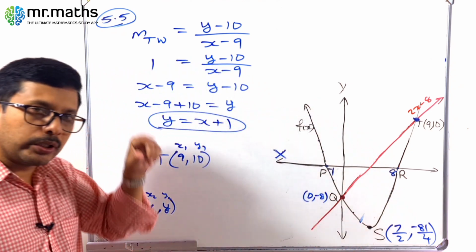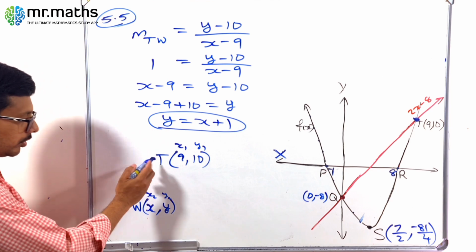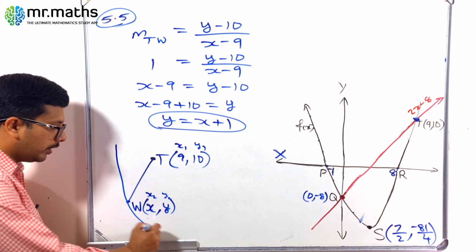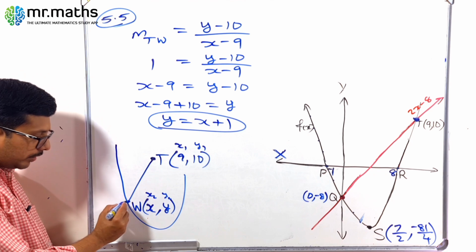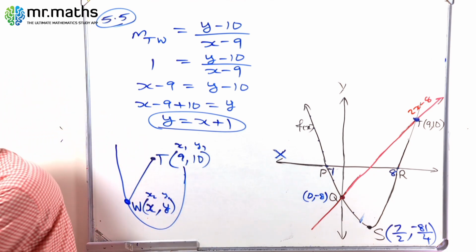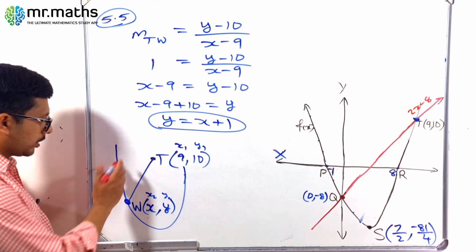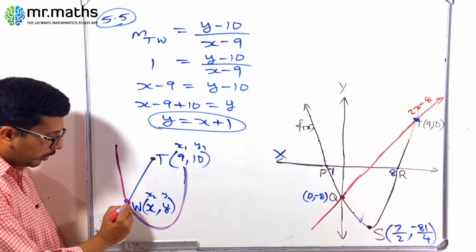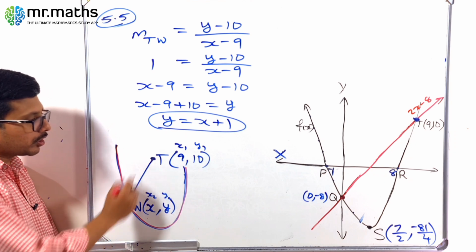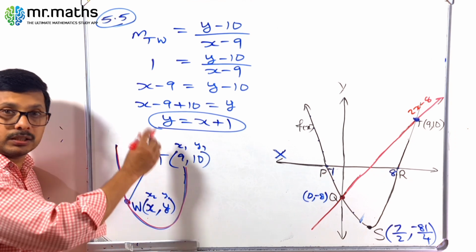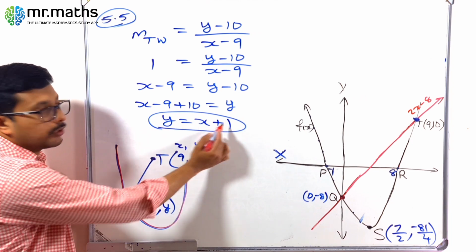At that point W, what is the equation of TW? TW is passing like this, and this is our f of x. It's a tricky question. At this point W, the equation of this straight line is y is equal to x plus 1.